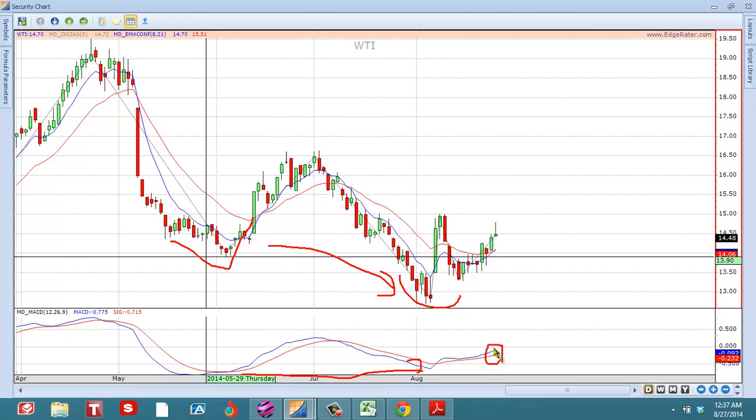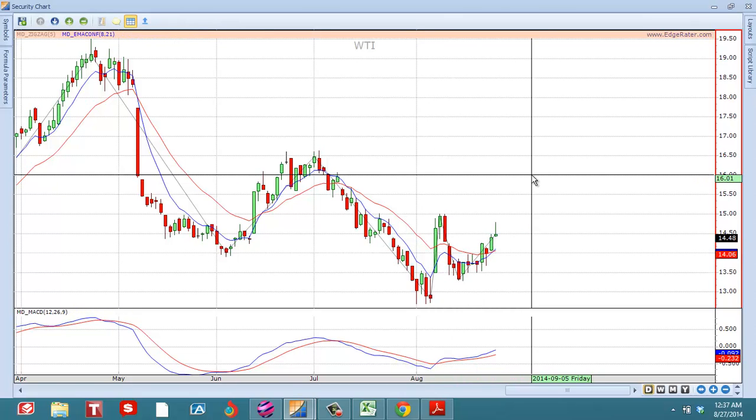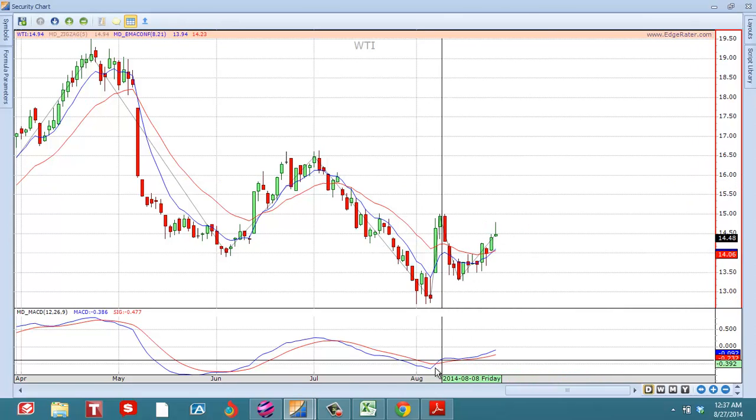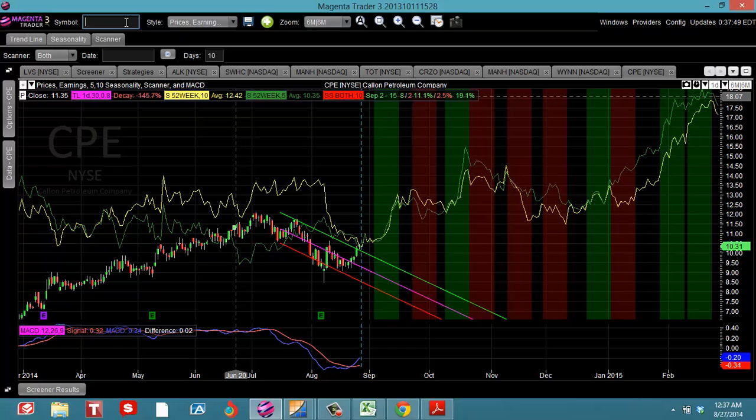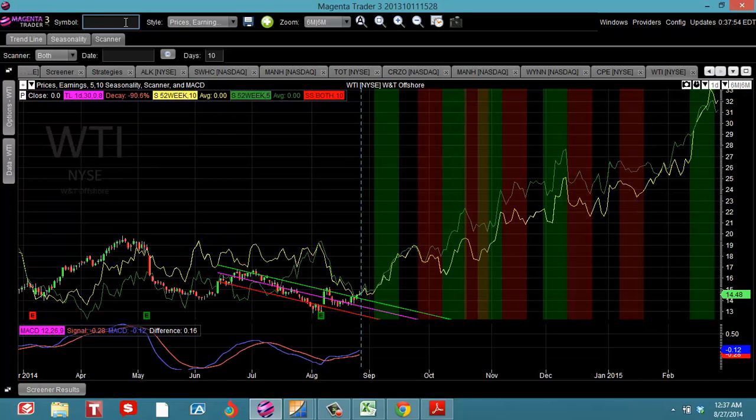Okay, pushing to the upside. And you can also see right here how the blue got above the red here too. So this is at a real good entry point right here. We had this W pattern. This stock is getting ready to pop to the upside. I mean, this is probably the best one that we've seen.